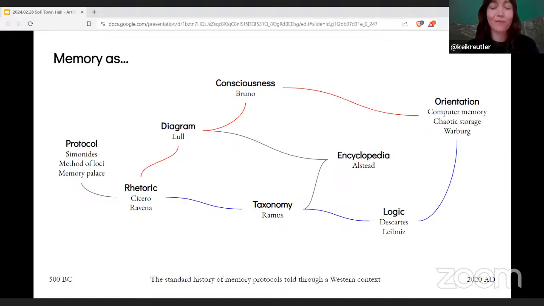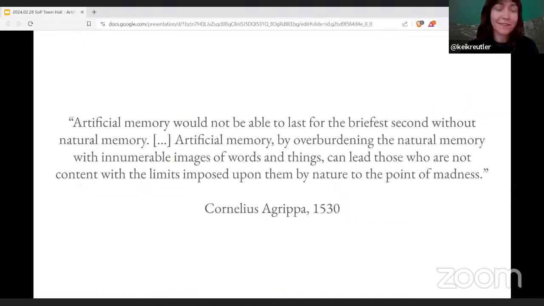So by the end of the talk, hopefully all these statements will be a little bit more clear. But I started getting really interested in how we so easily equate data with memory and memory with data, and trying to trace back that question.